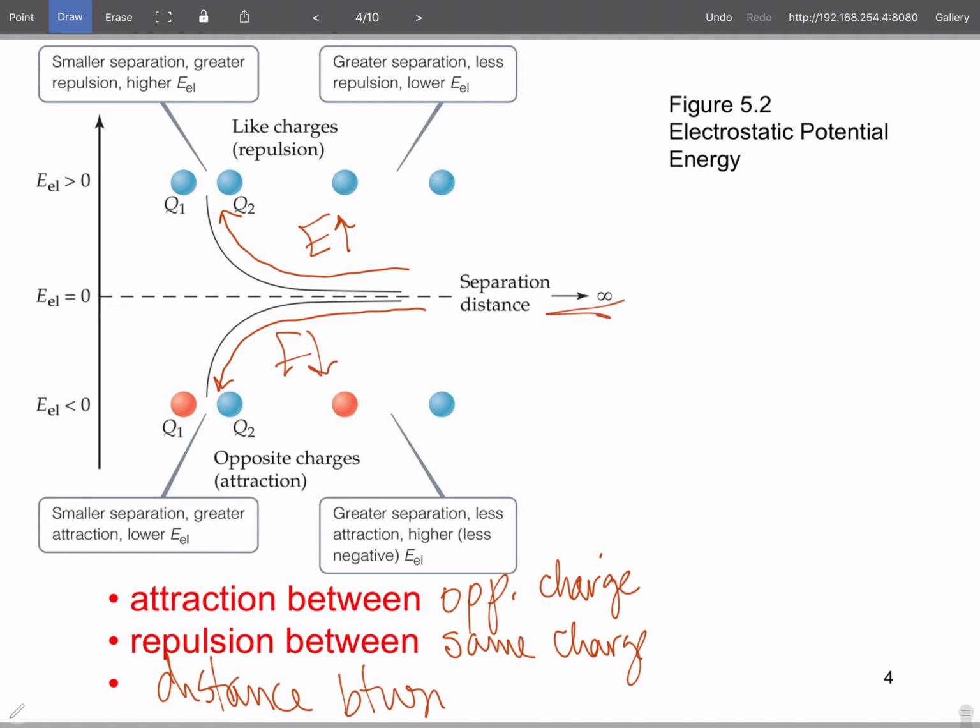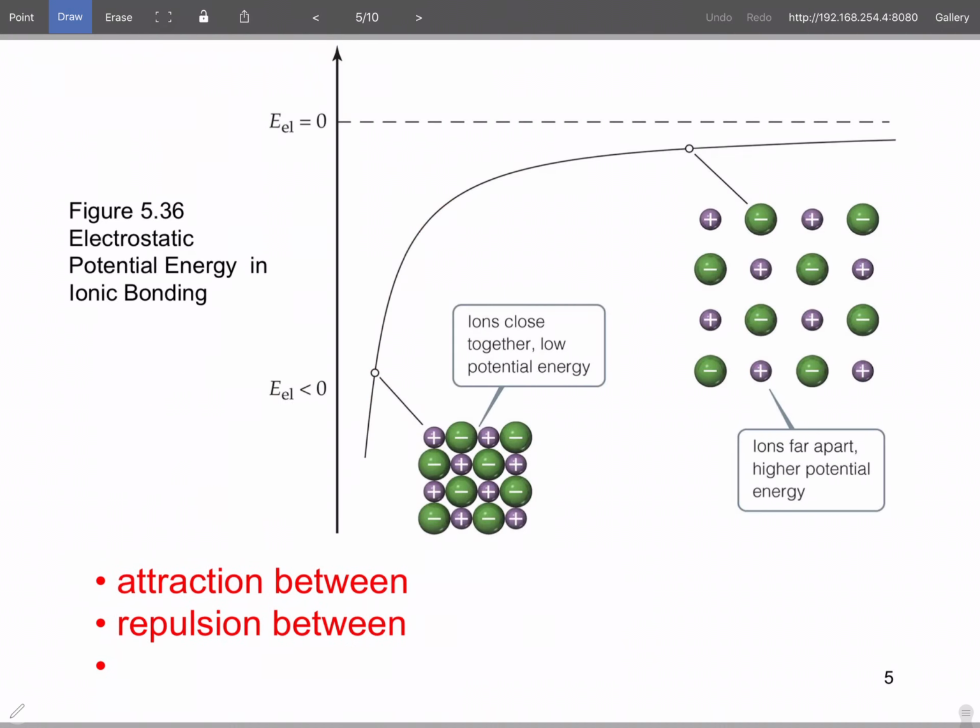They're infinitely far apart. And then as you bring them closer, you see this. So distance has a huge effect in this because as you get them farther out, there's no attraction or repulsion. Okay? So again, we've still got the attraction between opposite and repulsion between the same, and we're still looking at distance.